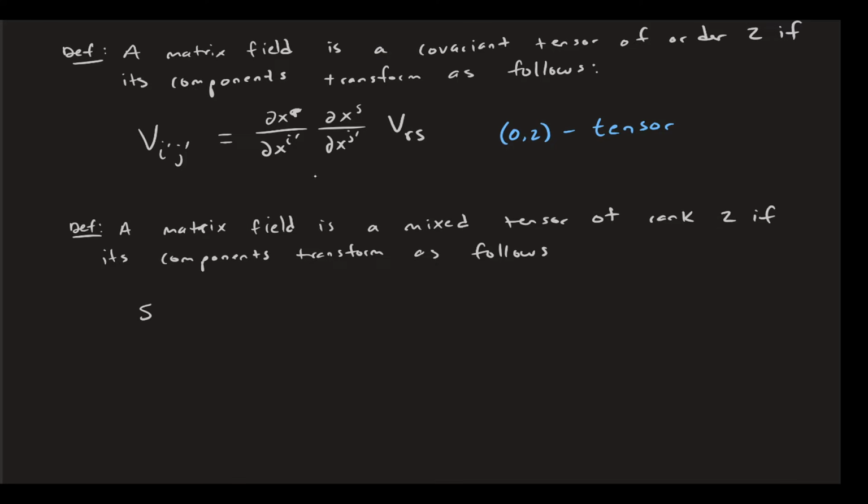And here we'll say S i prime up, j prime down equals partial x i prime up over partial x r, partial x s up over partial x j prime down, S r s. Oh, let me use a different variable. We'll use a little t here: T s down. I didn't want to have a capital S and a lowercase s, so we use two different letters. And we call this a 1-1 tensor.